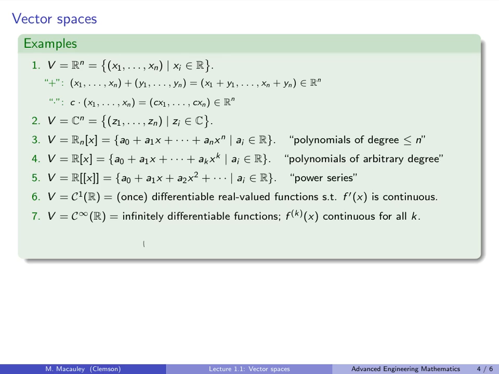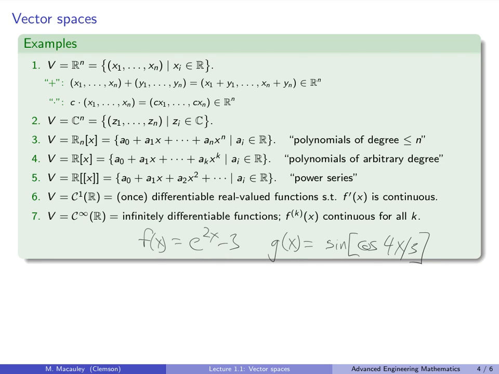Let's take two functions, f of x, say e to the 2x minus 3, and g of x equals cosine of 4/3 x. If you take these functions, which are both infinitely differentiable, and you add them up, you get another function in C infinity.